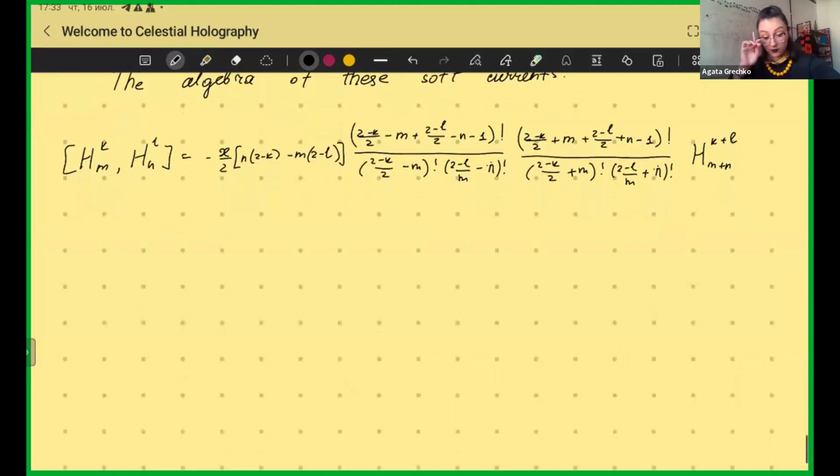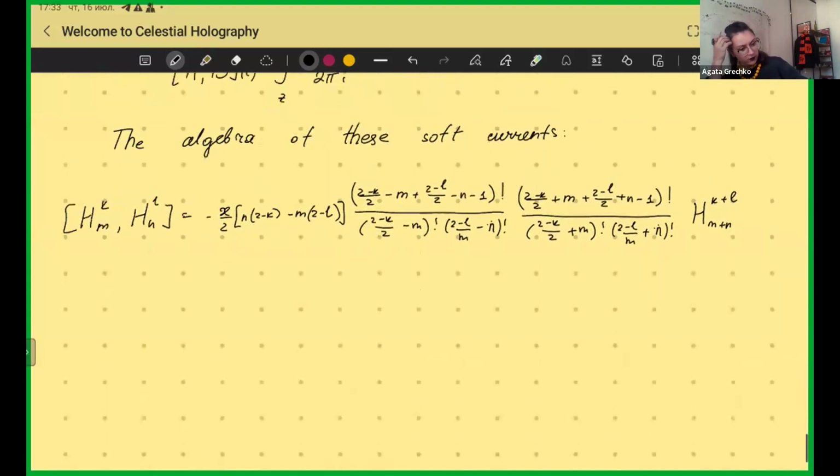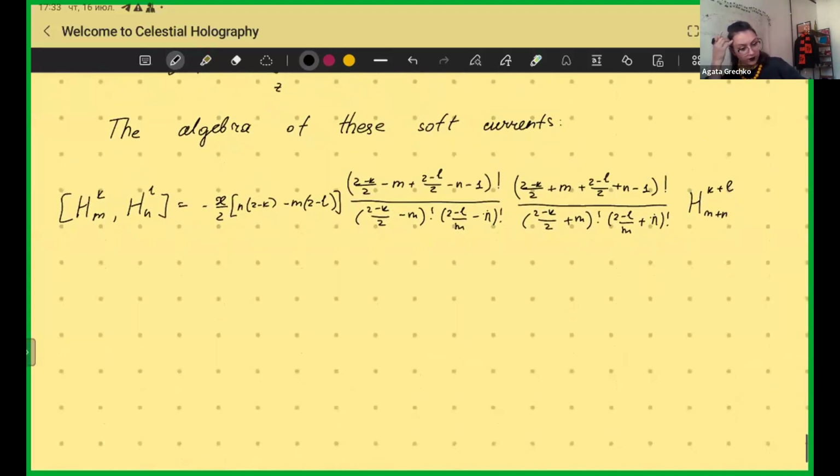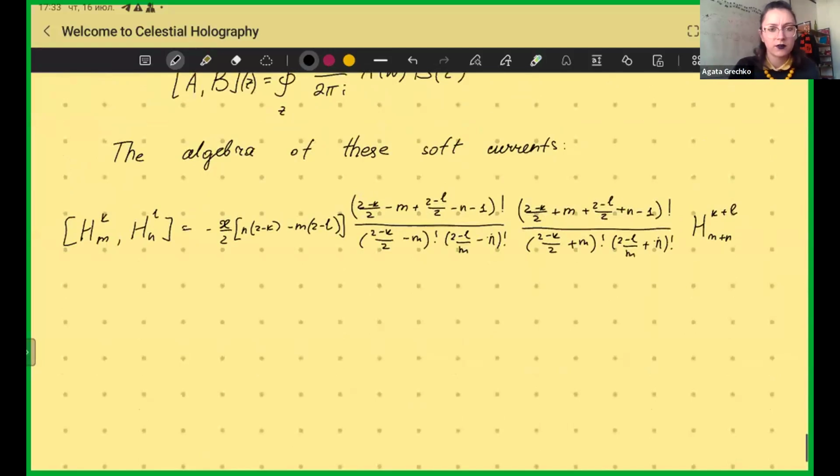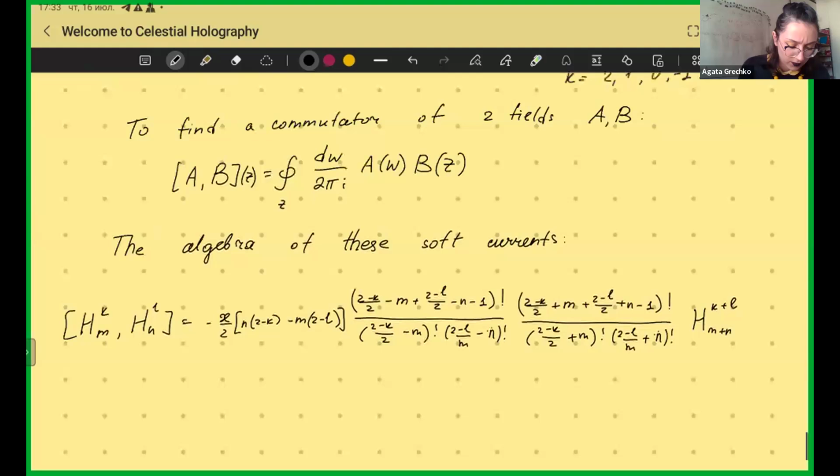Okay, so for me, it seems that the factorials here should be all right, because we have some additional constraints also. We have an additional constraint that m lies between k minus 2 over 2 and 2 minus k over 2.